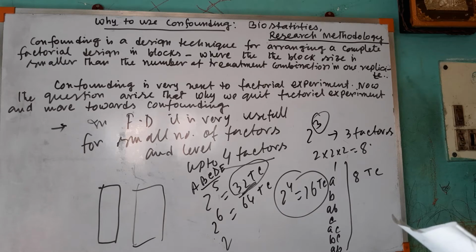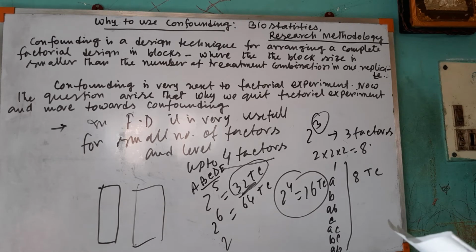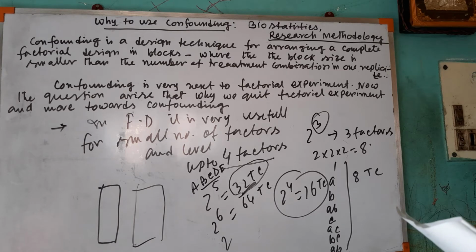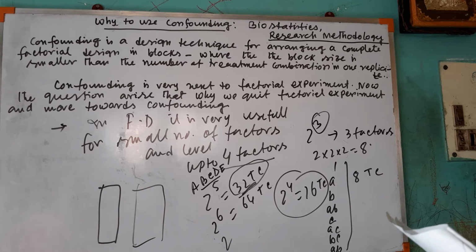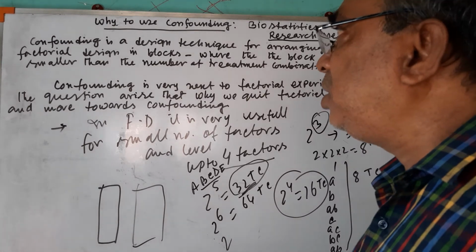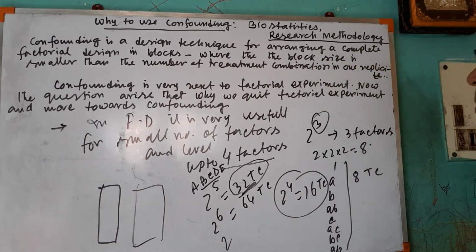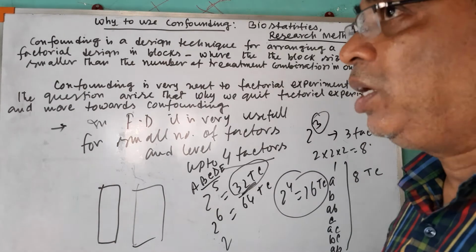For a moderate number of observations it is always reasonable, but among large observations it is always questionable. So that is the reason we are going for confounding and saying goodbye to factorial design.